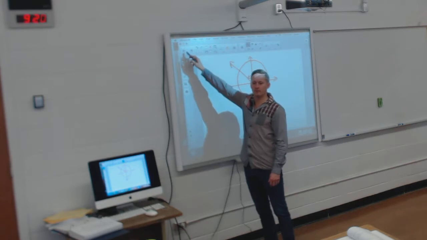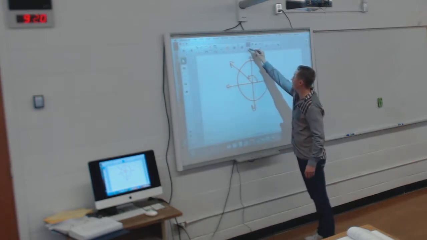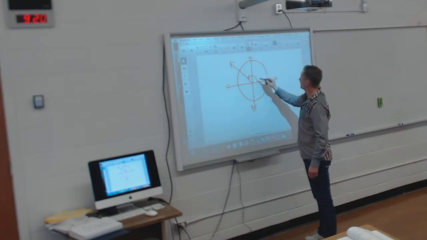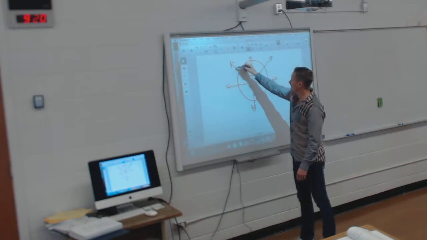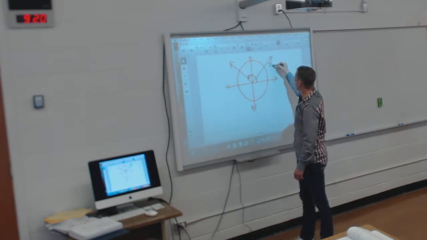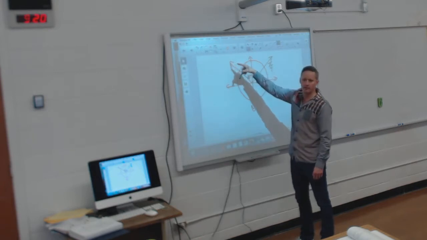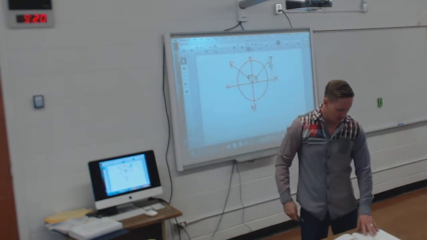Which one though? Okay, fair enough. I know what you're saying actually. There's 45, right? So what is this angle here though? That's 135. This is pi over 4. What is this one? 3 pi over 4. There you go. Awesome. Okay.